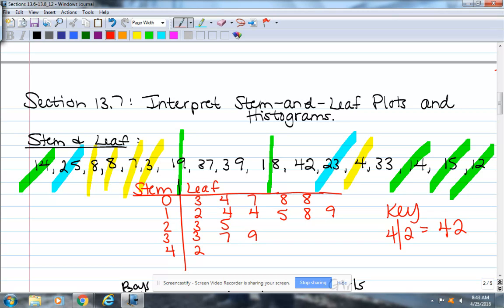Because if I just see the stem and leaf plot, that could mean 42, or it could mean 4.2, or it could mean 4,200,000, or it could mean 4,200, or it could mean 0.000042. That's what a key does, it tells you what place value that means. Does that make sense? Okay.